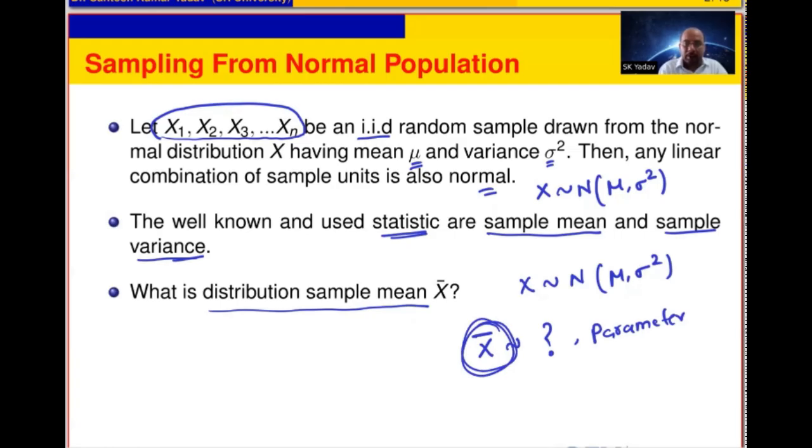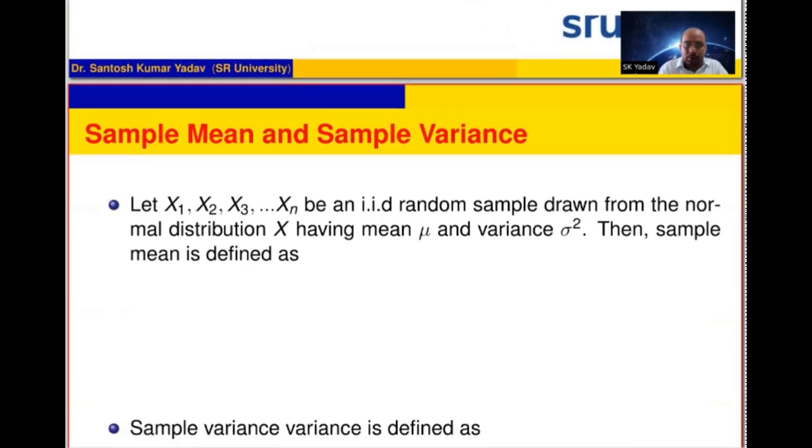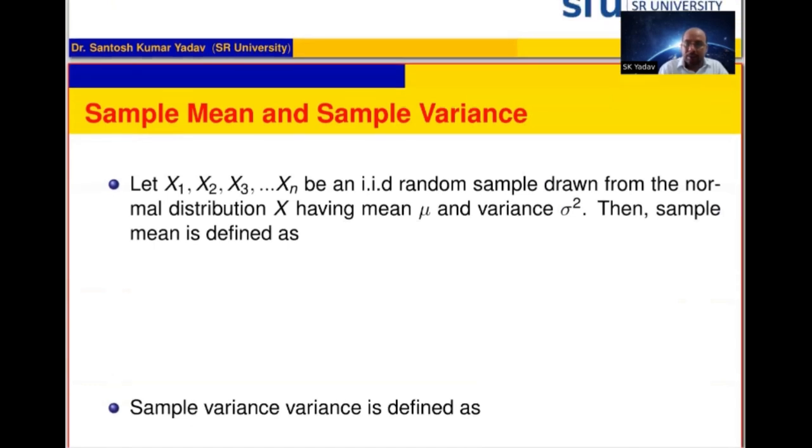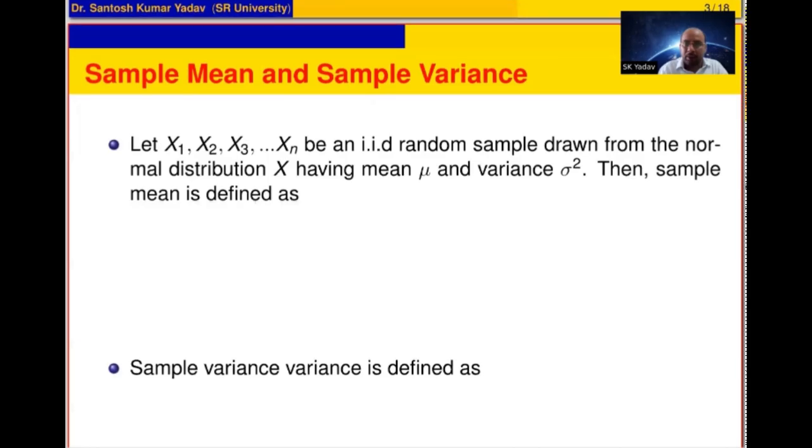Before that, let us see the definition of sample mean and sample variance. Sample mean is defined as usual. We all know the meaning of the mean, but it is defined in terms of sample units.